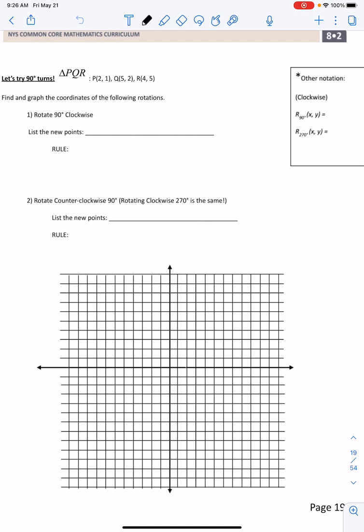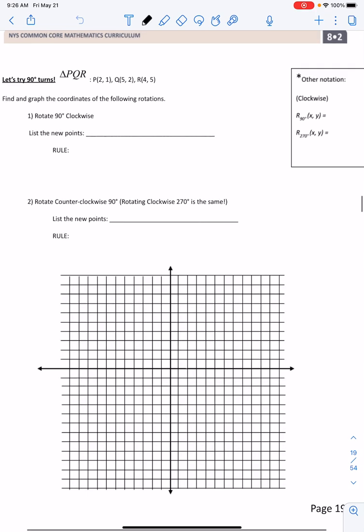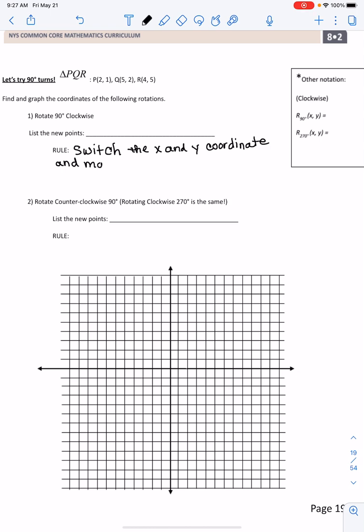So when we rotate 90 degrees, our rule is we are going to switch the X and Y coordinate and make the second one opposite.